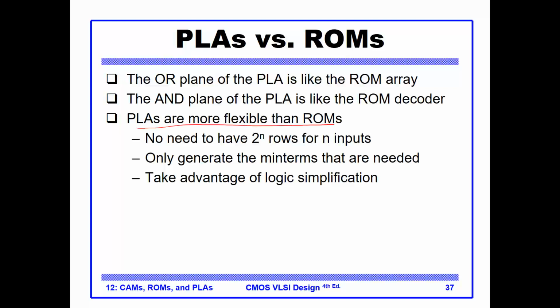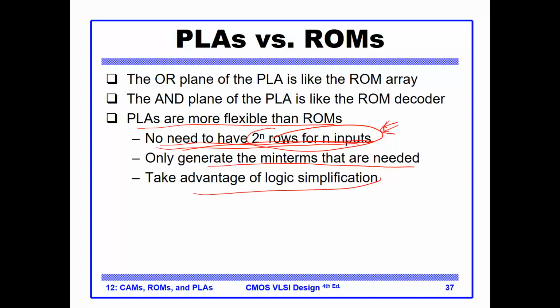PLAs are more flexible than ROMs. We don't need to generate all the 2 to the n rows of inputs, because in the ROM they generate either the minterms or maxterms. Remember, we need a decoder that generates all the minterms or maxterms. That decoder becomes massive for large inputs. We only generate the minterms or the products that we need.